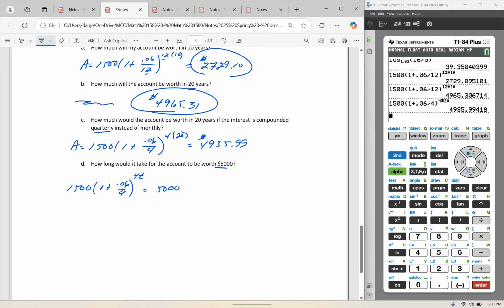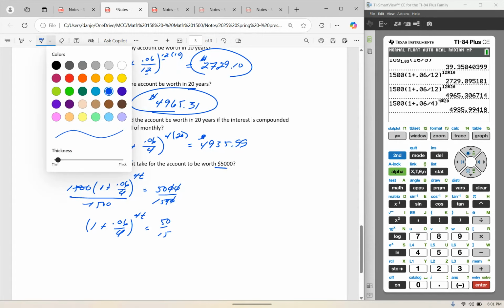We're also going to use the calculator, I hope, in a more powerful way. We'll divide both sides by the 1500. And again, the hundreds are going to cancel. I could go farther, I'm not going to. 1 plus 0.06 over 4 to the 4t is 50 over 15.